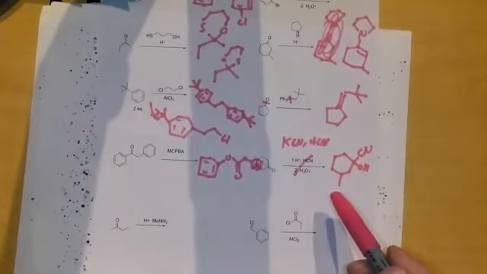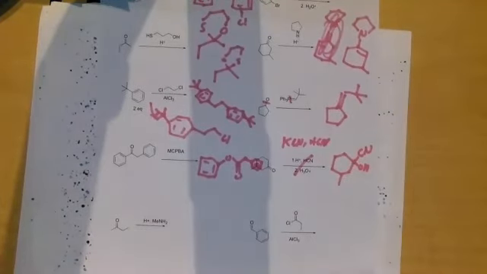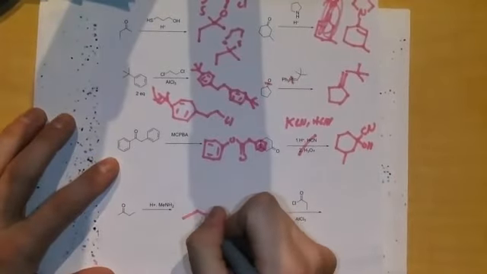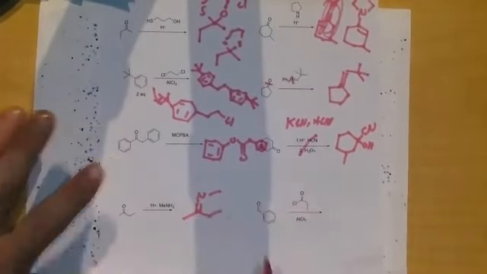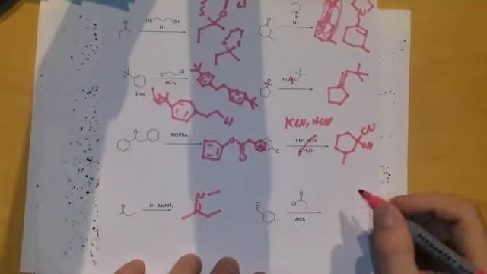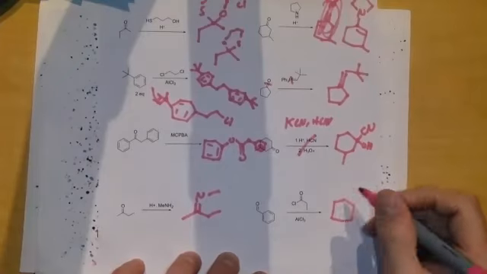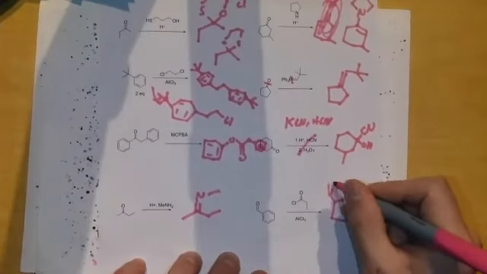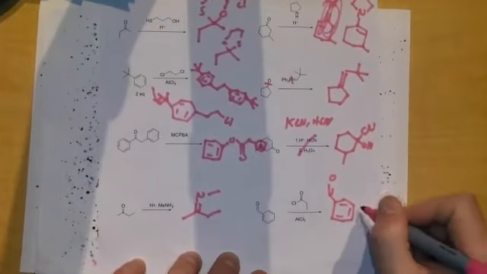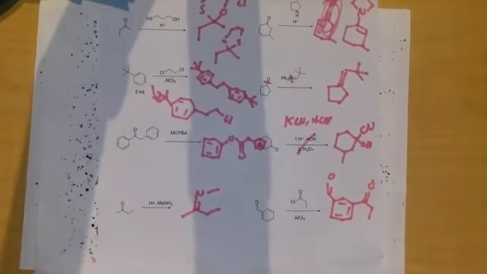This is a reaction we learned later on. I'm not sure why that was on there. This one is a primary amine, so we can just make an enamine. And the last one, we have a meta director and this acyl group here. So we're able to add the acyl group meta.